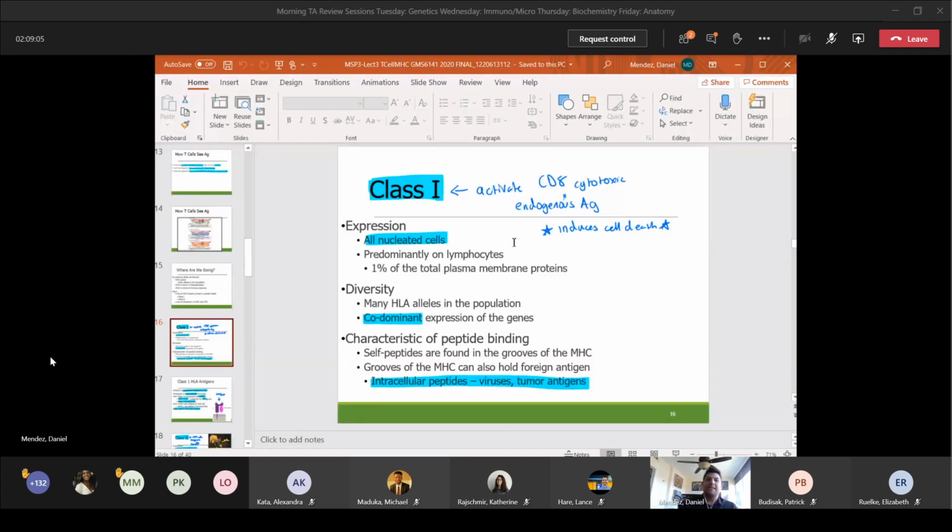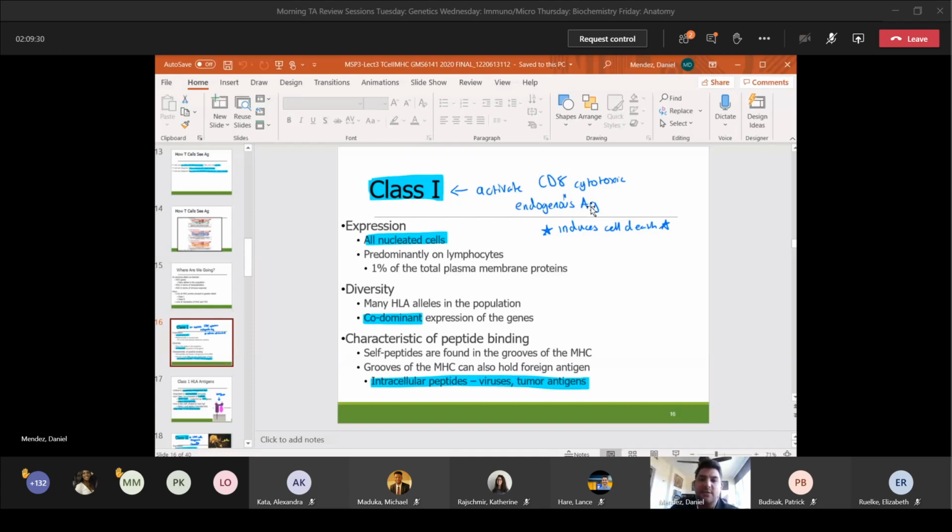So with these class 1 markers, if we have a viral infection, the virus will produce antigens. Then we'll go through a whole process of recognizing that antigen inside the cell, the endogenous antigen, and then we will produce that MHC class 1 on the outside surface, which will interact with CD8 T cells specifically.